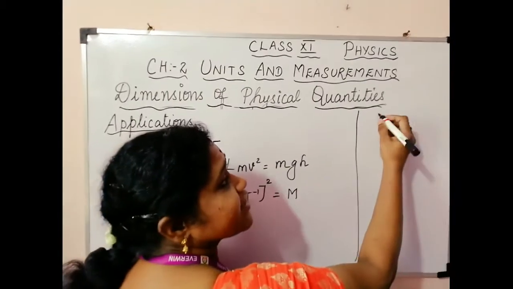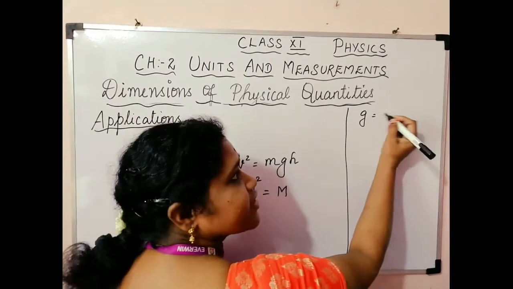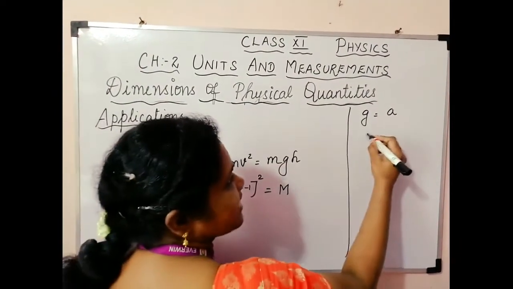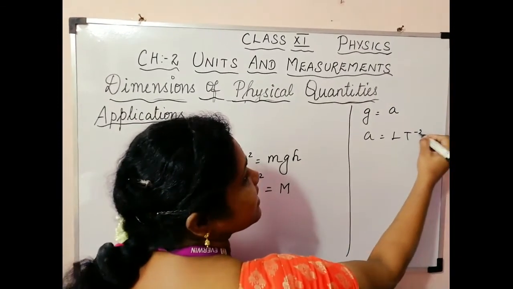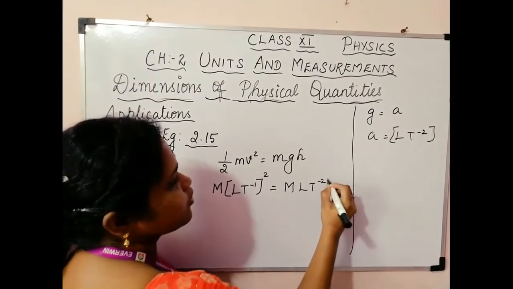And for acceleration due to gravity, same as acceleration, because acceleration due to gravity is also known as acceleration. So acceleration is L T power minus 2.